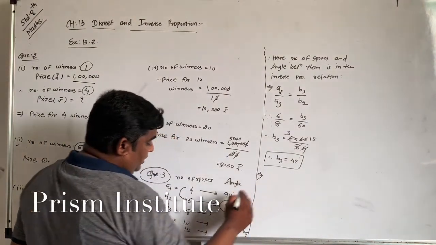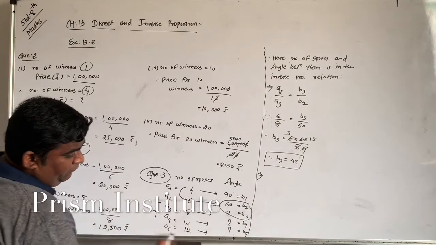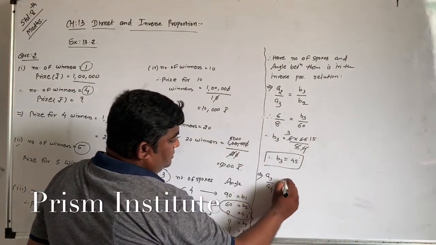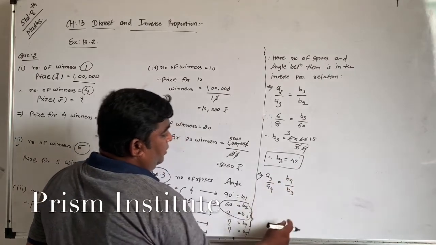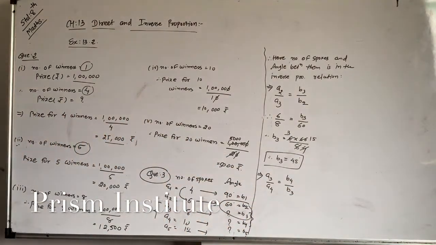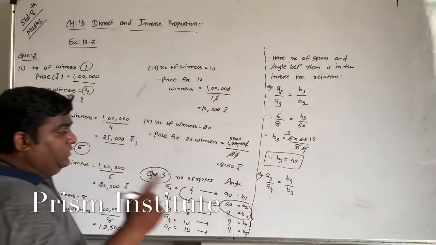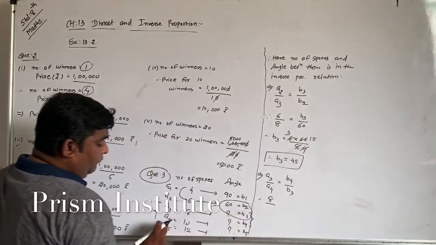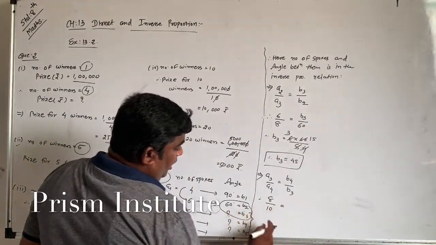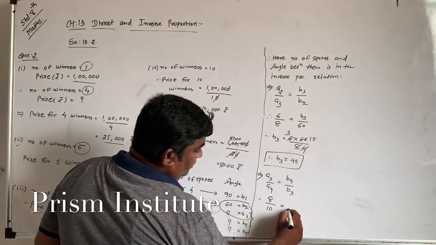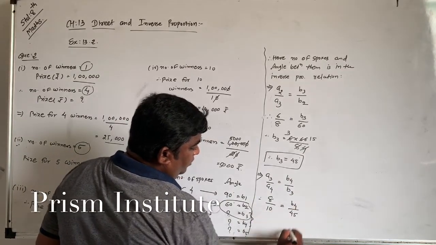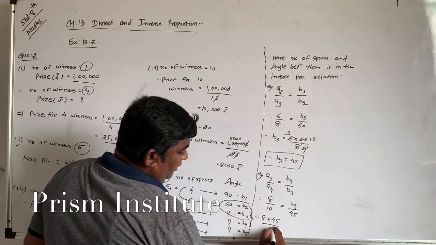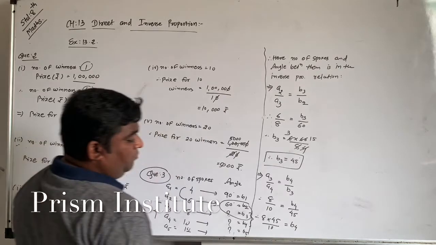Now in another case, A3 A4 and B3 B4. So A3 upon A4 equals B4 upon B3, not B3 upon B4. Okay, be careful because it is an inverse relation. Therefore A3 here is 8, A4 is 10. Now B3 is 45 and B4 we want to find. This 45 goes to the opposite side, divided by 10.